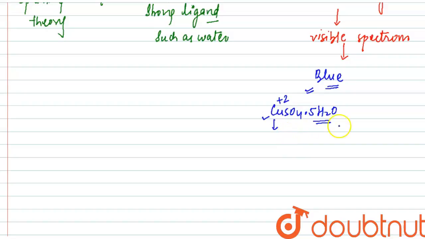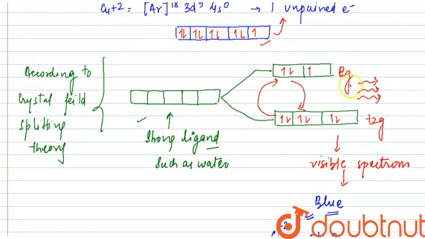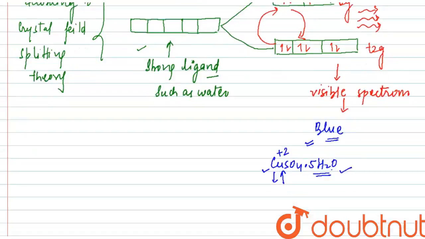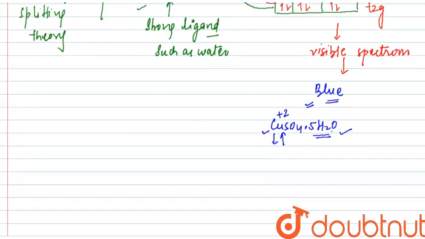The second is that, in the presence of a strong ligand, which is water in this case, the d orbital of the central metal atom, that is copper in this case, will split into two energy levels, as we have seen here. And there will be a phenomenon where an electron is promoted from a lower energy level to a higher energy level.